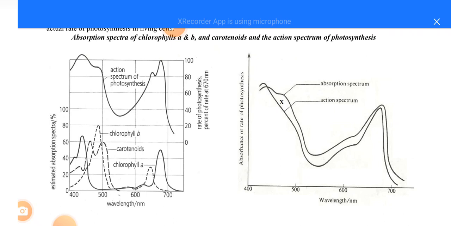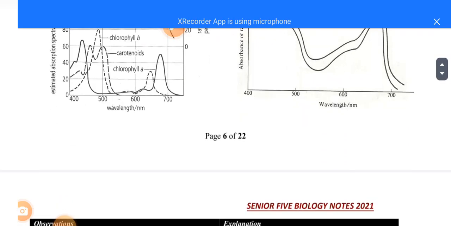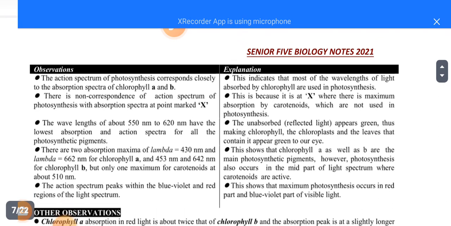Then another observation is that the action spectrum peaks within the blue, violet and the red regions of the light spectrum. The explanation is that this shows that maximum photosynthesis occurs in the red part and the blue part of the visible light spectrum. So those are some of our observations and their explanations.